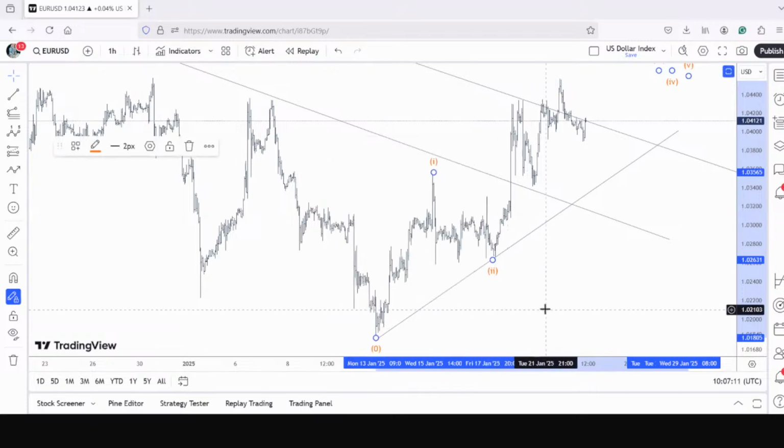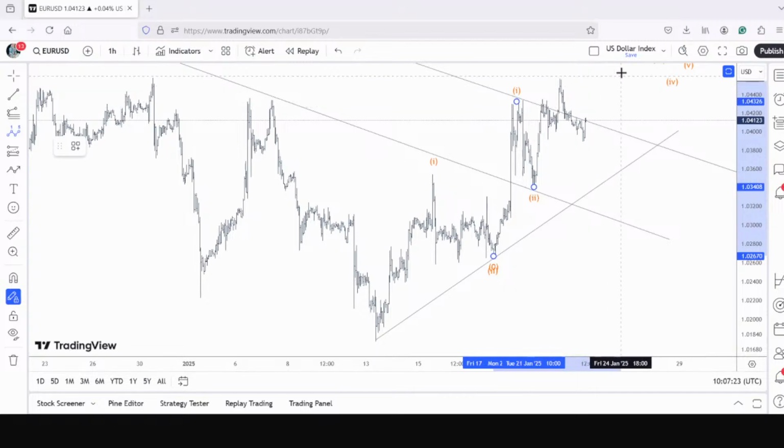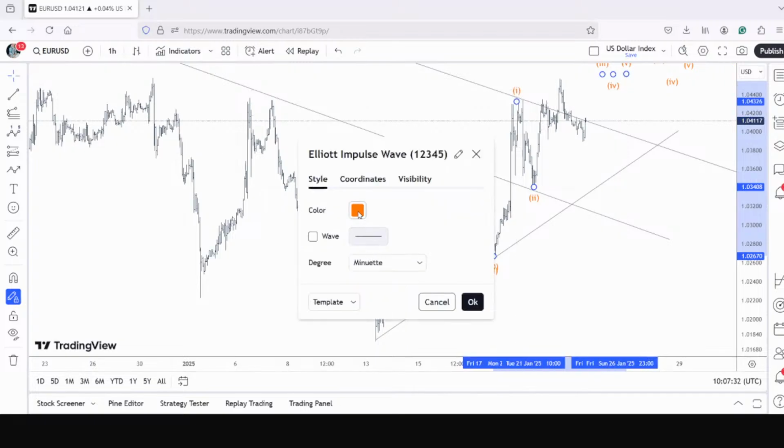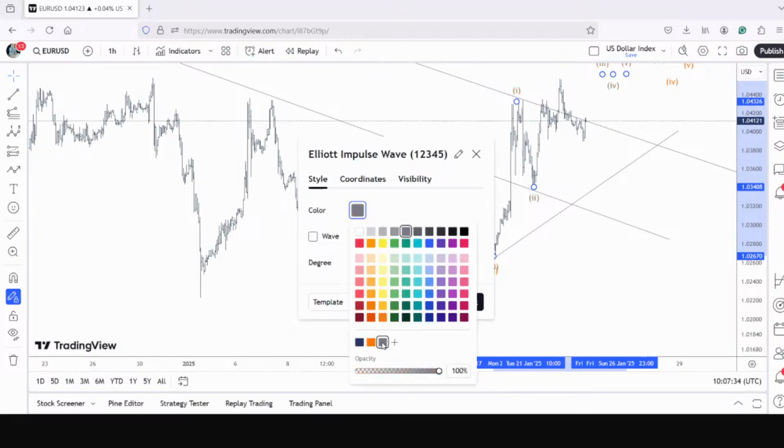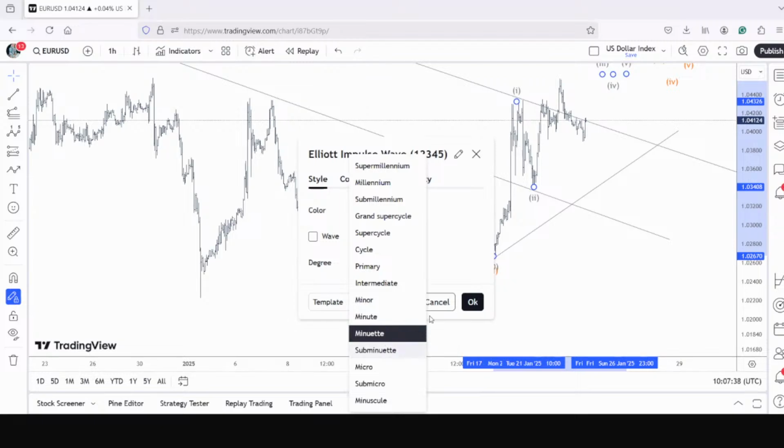With just a minute structure, and also expecting the third wave extension going higher. Now that is going to be one lesser degree, which is the sub-minute.